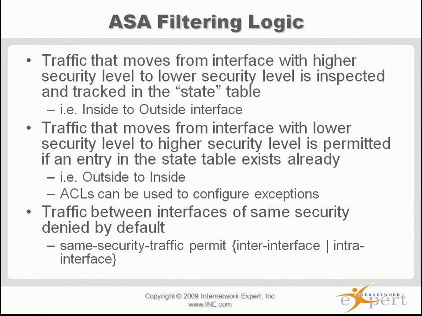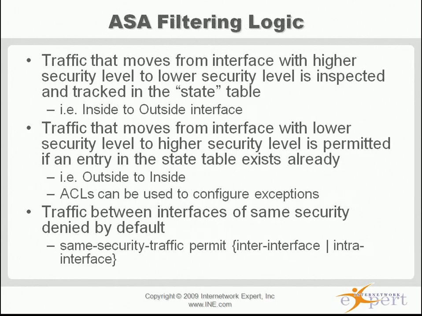Now in our second case, we have traffic moving from an interface with a lower security level to a higher security level. It can be permitted if there's an entry in that state table. So if it's return traffic coming back from something that was initiated on the inside, that return traffic is allowed to come back through the firewall.